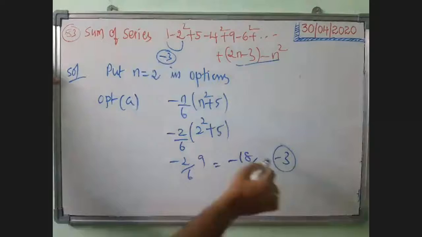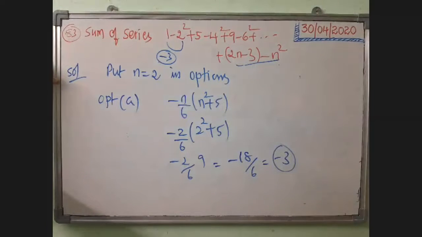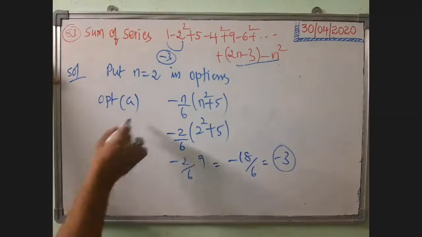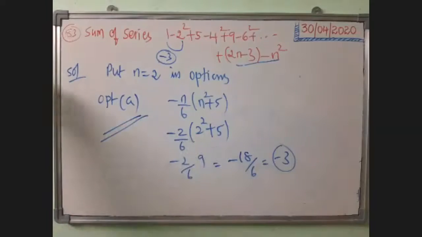Therefore, you are getting minus 3 only for option A, and therefore option A is your answer. Without going for calculation, you will solve these problems which involve series by using the options and by substituting n equal to 2, 3, 4 and so on.